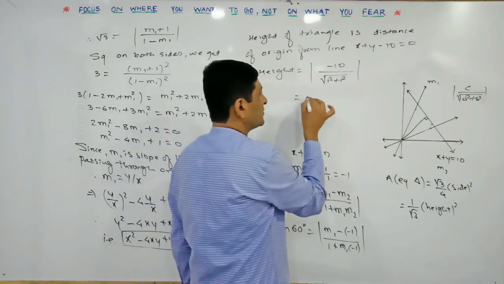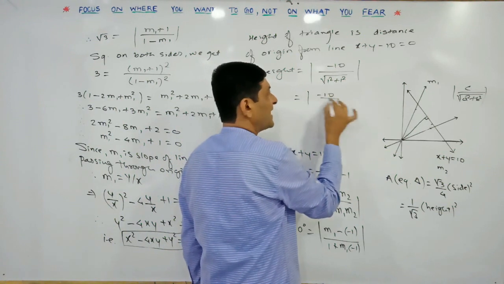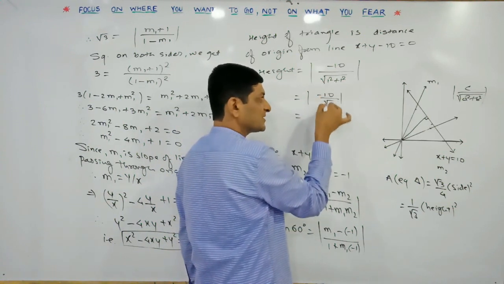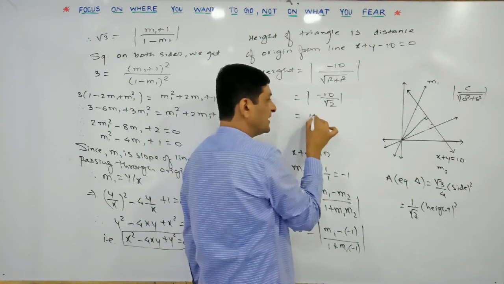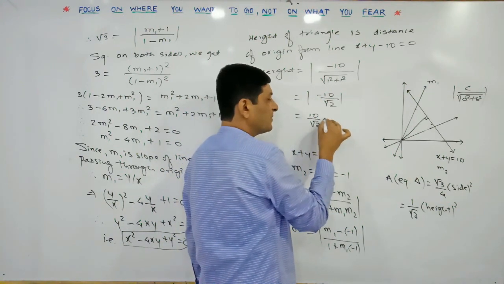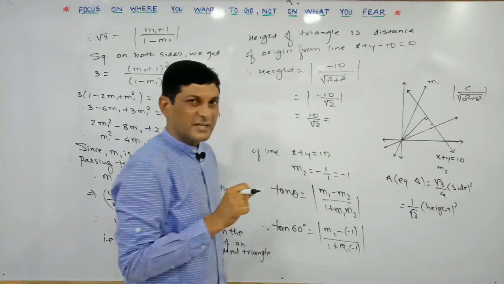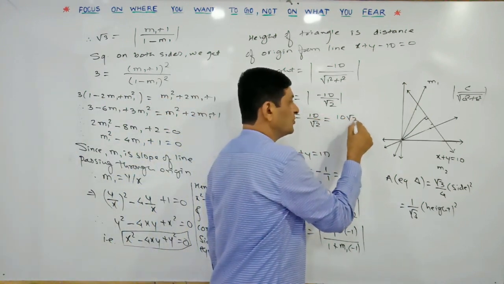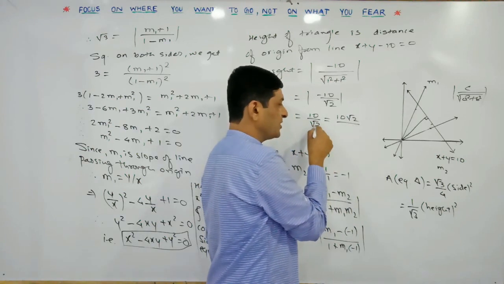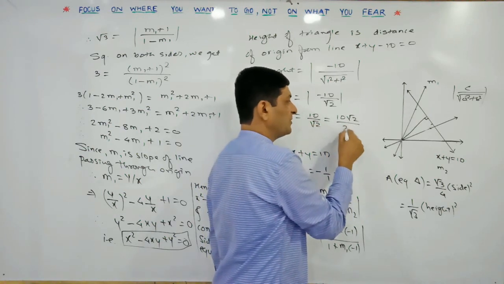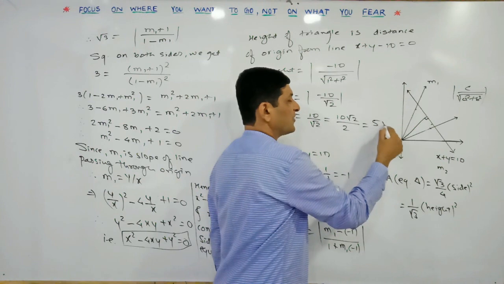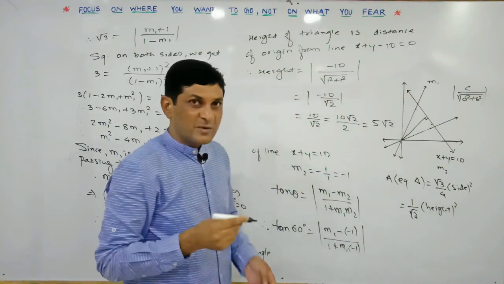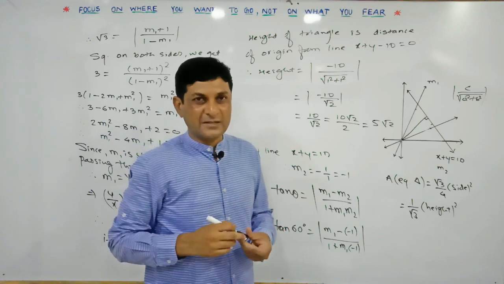So it is equal to mod of minus 10 divided by, in the denominator, root 2. So mod of minus 10 by root 2 will be equal to 10 by root 2. Multiplying numerator and denominator by root 2, we get 10 root 2 upon 2, since root 2 times root 2 becomes 2. So this is equal to 5 root 2. So 5 root 2 will be the height of this equilateral triangle.